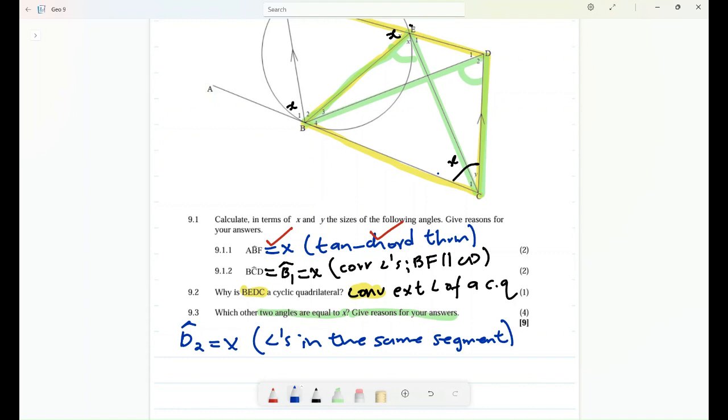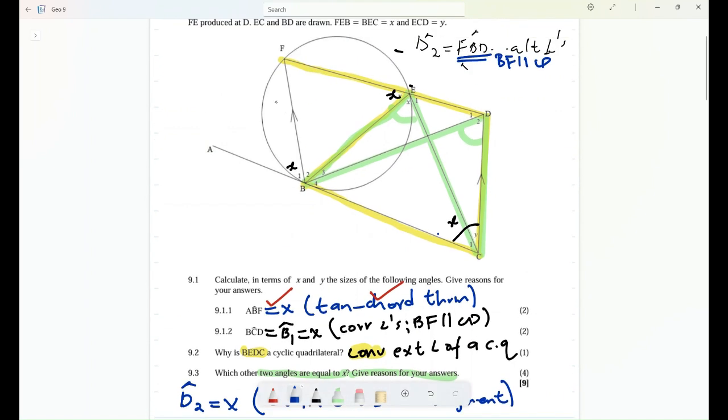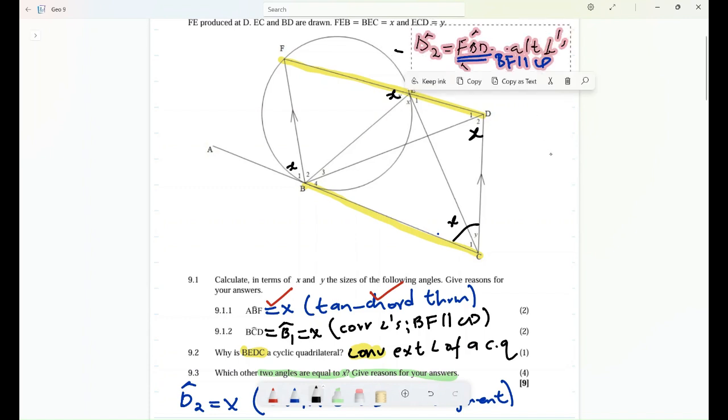All right, but now that D2 I already classified as x due to that reasoning there. If I know this is x, I know I haven't used this one and I might need it because it has something to do with what?